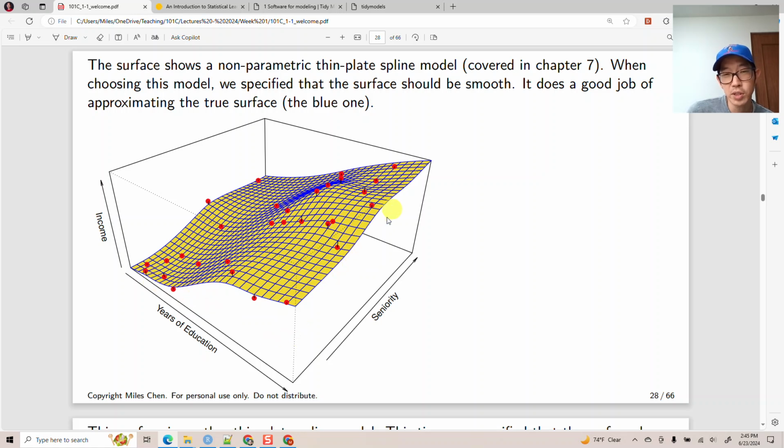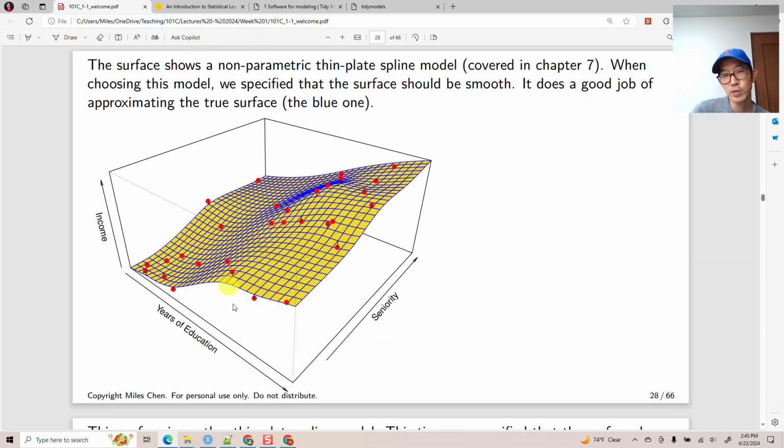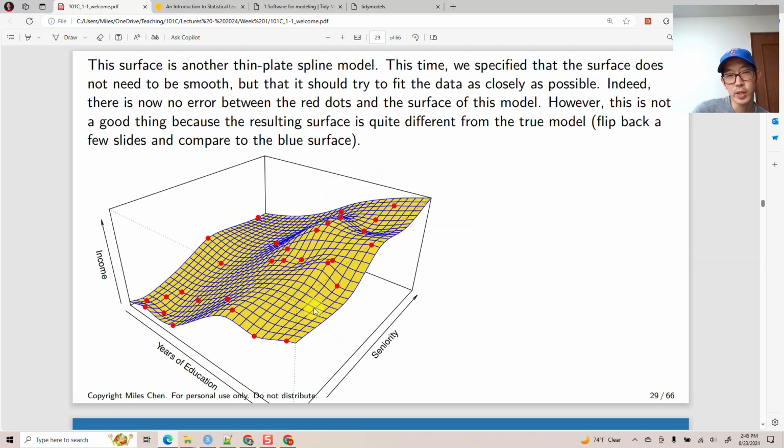It makes no assumptions about what the relationship should be, tries to fit a smooth surface to these points, and tries to shrink down some of the errors. There's still a little bit of error. You can see some of these dots are below or above the surface. And if we go back a couple slides to the blue surface, we see it does a fairly good job, but looking at this line here for the relationship between seniority and income, it's not exactly the same, but overall, we'd say it does a pretty good job.